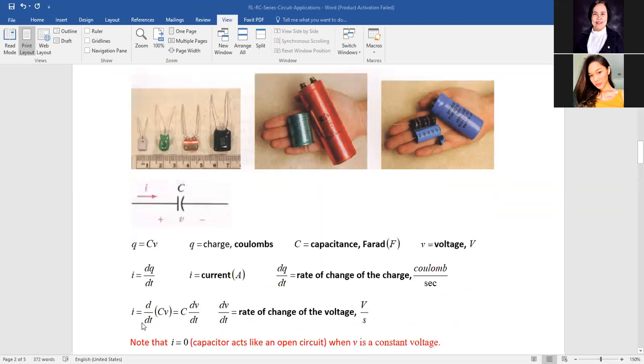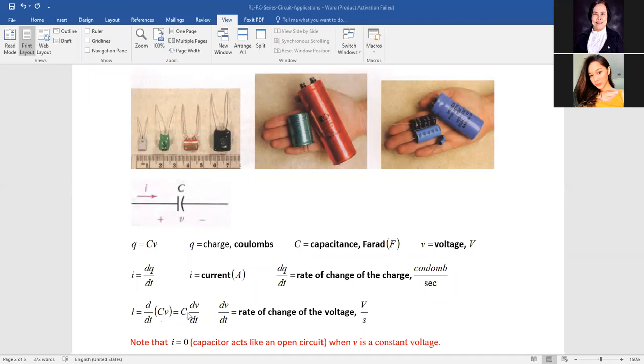Now, our I, in this case, if we go back to the main derivative represented by I, if we change the Q in the dQ in the numerator to the product of the capacitance and the voltage, and since capacitance is fixed, it's the rated capacitance of a particular capacitor.